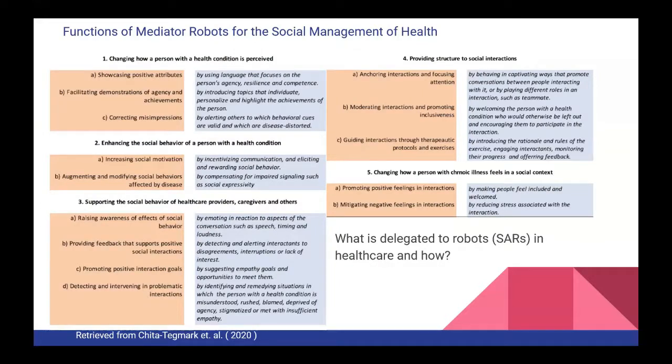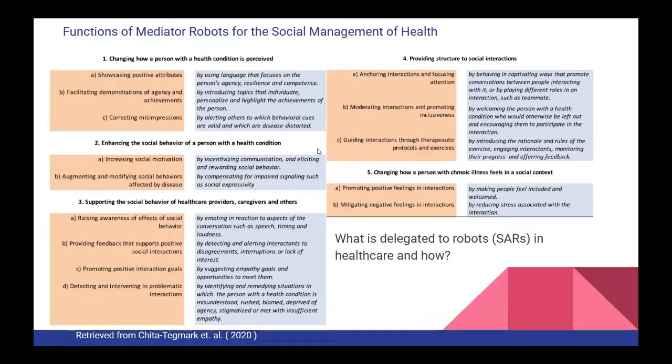In the study of Cheetah Tegmark, we can see that they classified the actions of mediator robots for social management of health into 5 main actions. Changing how a person with a health condition is perceived is one of them. The second is enhancing the social behavior of a person with a health condition.